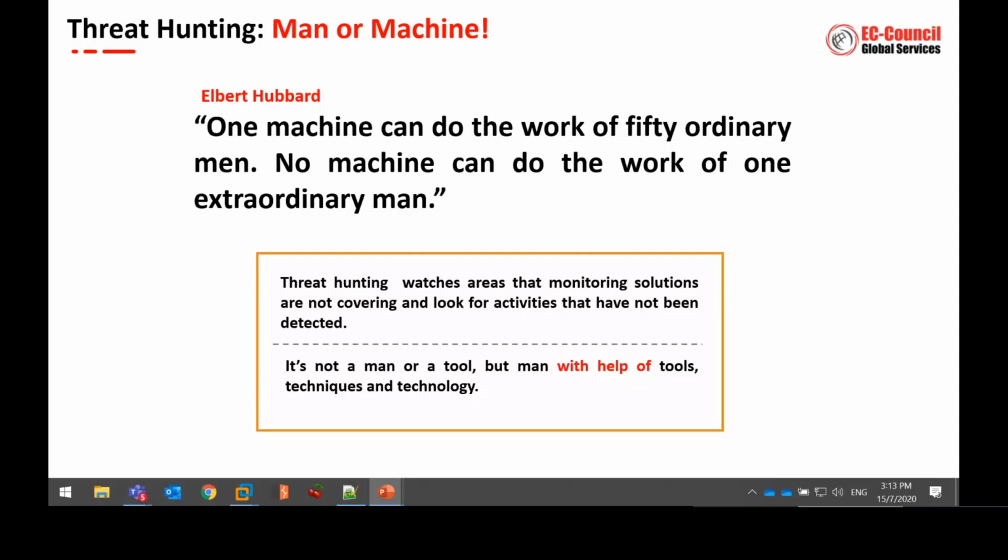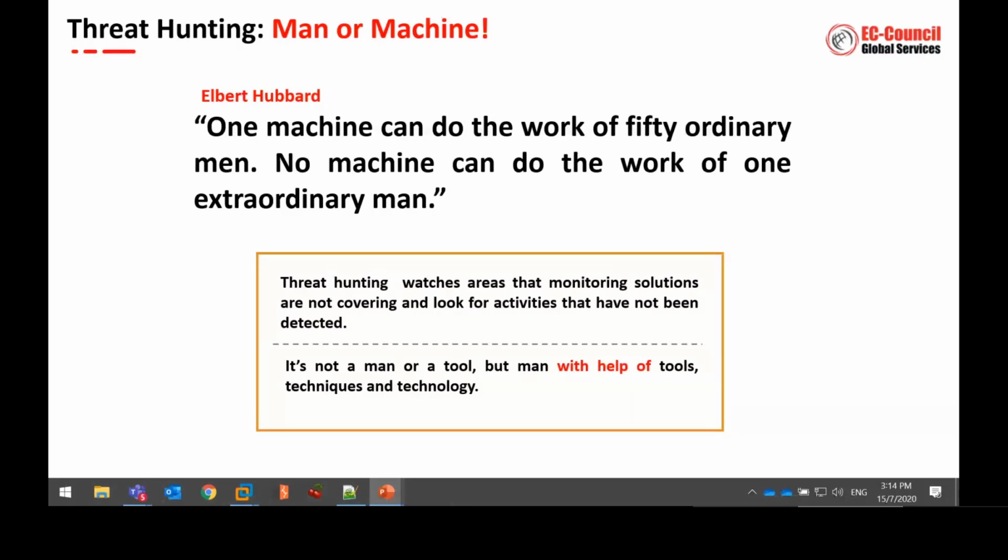No, they complement each other. We need all the solutions in place. In fact, threat hunting works in the area that your monitoring solutions are not covering, and looks for the activities that have not been detected. This is a very important area when we talk about threat hunting.